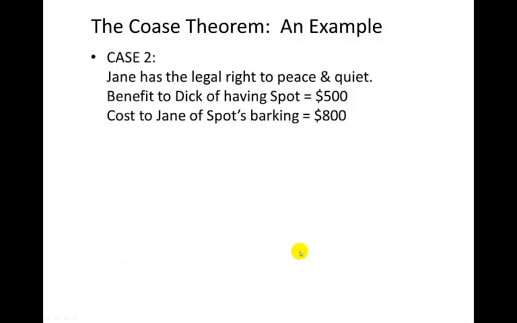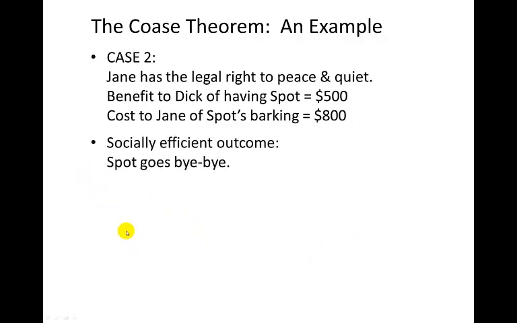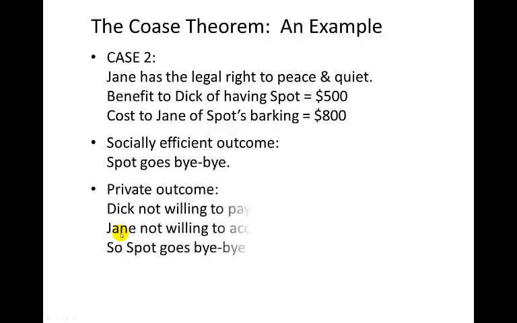What if we switched this around and gave Jane the legal right to peace and quiet? Again, we have the same benefit to Dick of keeping his dog, and the same cost to Jane of hearing Spot's barking. So the efficient outcome is that Spot should go, because the cost to Jane is higher than the benefit to Dick.